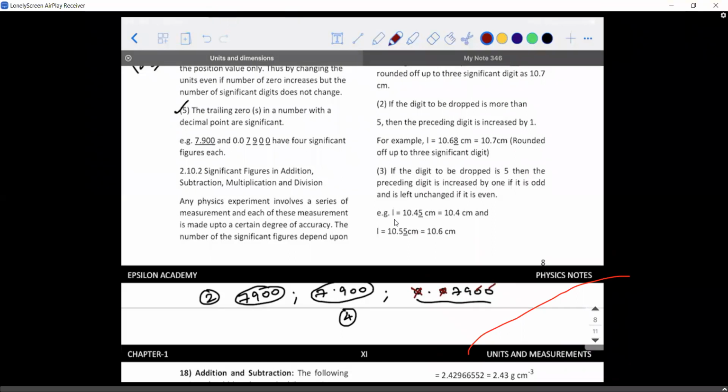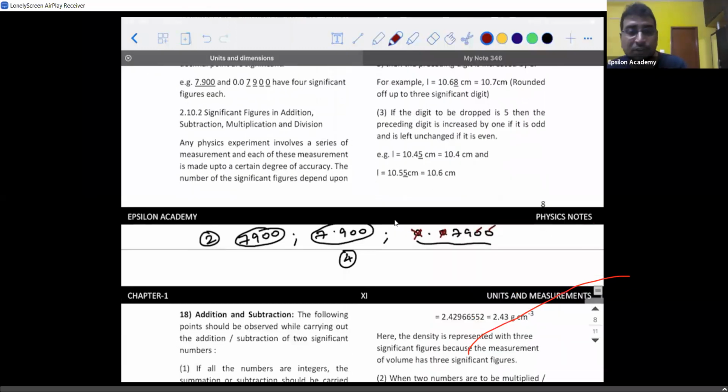Sir, why are we considering the zeros after the decimal point as significant? I'll tell you. I was expecting this question. Let's take the same measurement: 15.18 and 15.1.